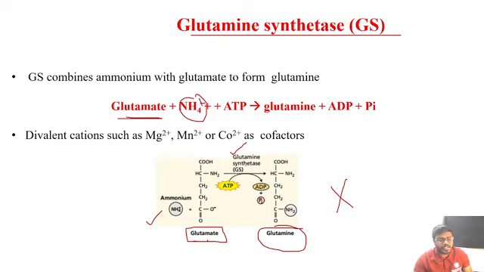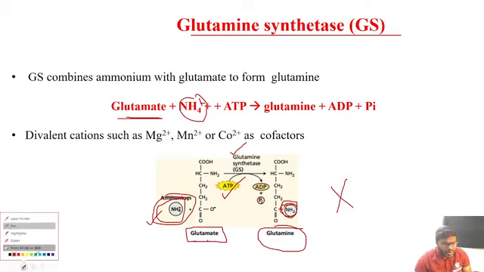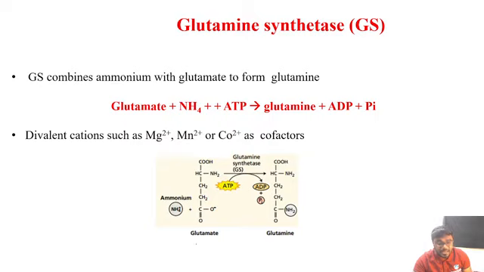Since I told you, friends, it is the synthetase enzyme, undoubtedly it is going to use the energy directly. Now you see, glutamate has an extra amine group, right? That extra amine group is donated by the ammonium. Very simple point, and you don't need to remember that. What I want you to remember is how this glutamate is converted into glutamine. What is the enzyme that catalyzed that particular reaction?